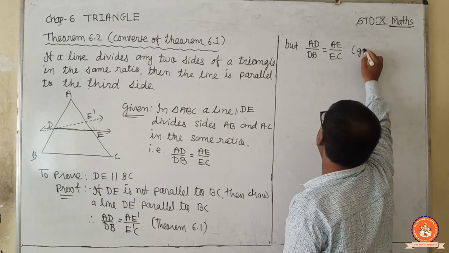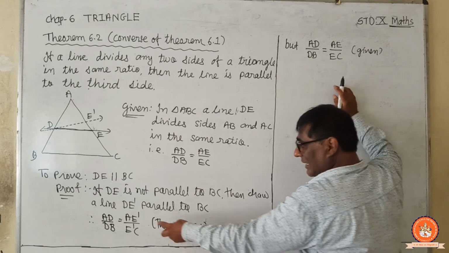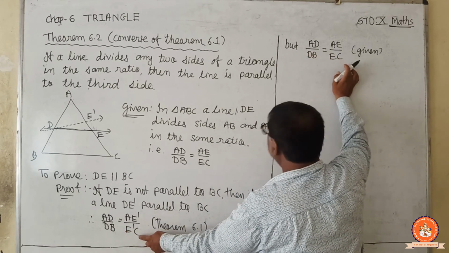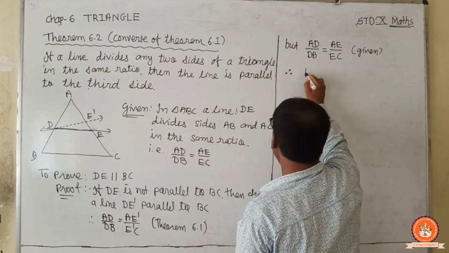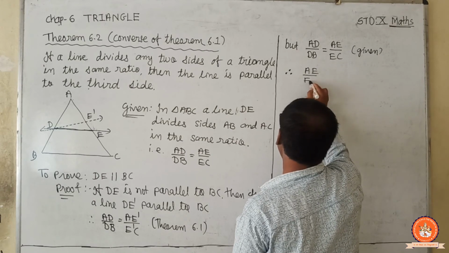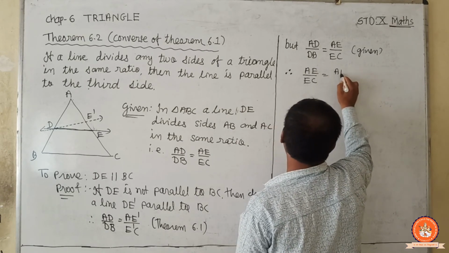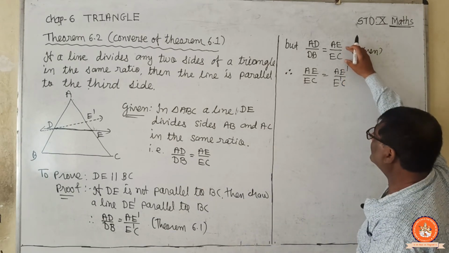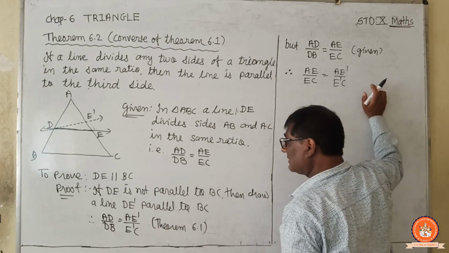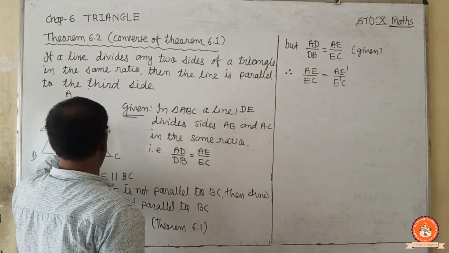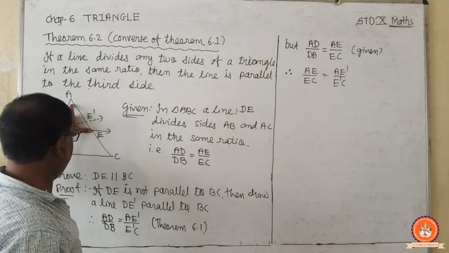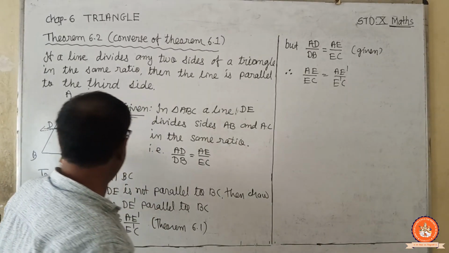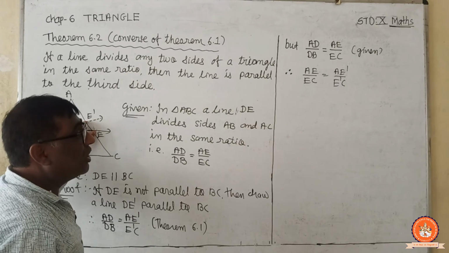So AD upon DB is the left hand side in both, so the left hand sides are the same, so the right hand sides must be the same, and therefore AE upon EC is equal to AE dash upon E dash C. Now look at it. This is only possible when E dash and E coincide.